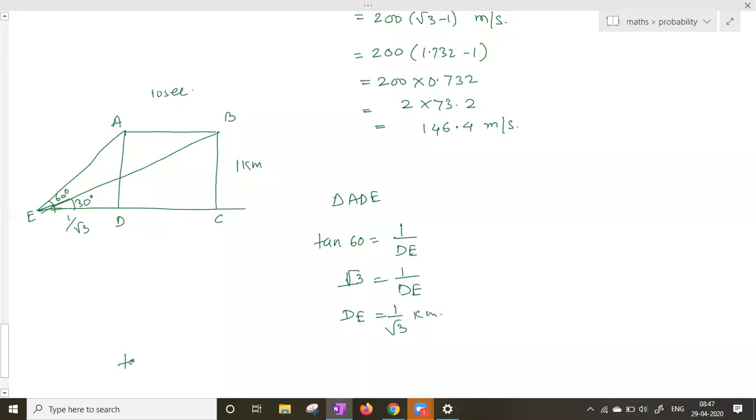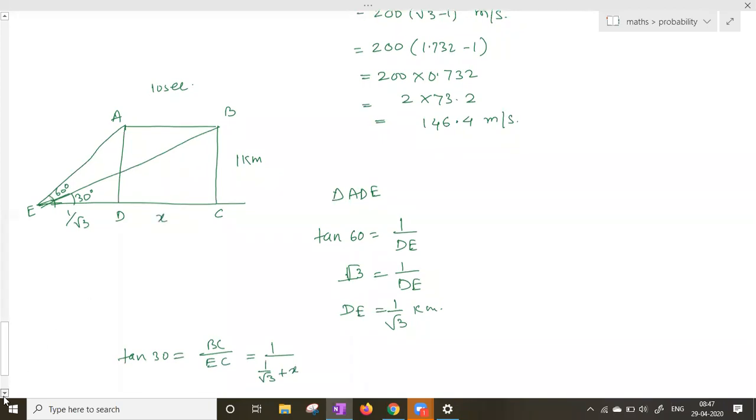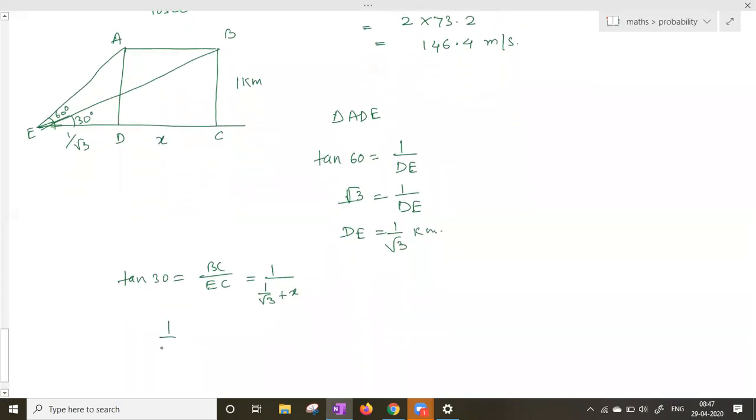Then tan 30 is equal to BC by EC. That is 1 divided by EC, where EC is 1 by root 3 plus x. So 1 by root 3 into (1 by root 3 plus x) is equal to 1.